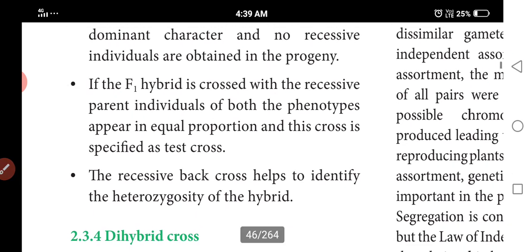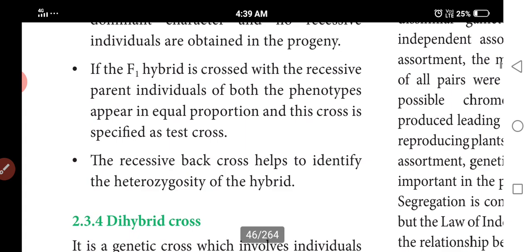When the F1 hybrid is crossed with recessive parent individuals, both phenotypes appear in equal proportion, so it is specified as a test cross. The recessive backcross helps to identify the heterozygosity of the hybrid.